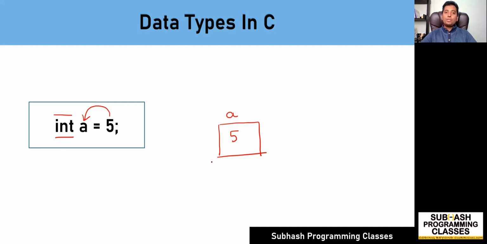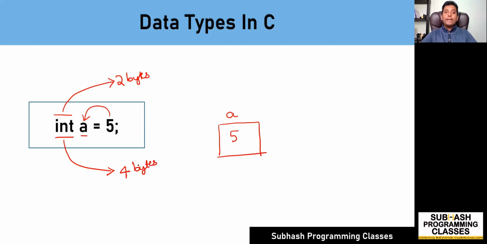Let us now see how much memory would be allocated when we create a variable using the int data type. Whenever we create a variable using the int data type, the amount of memory allocated for the variable a could either be 2 bytes, or it could be 4 bytes.